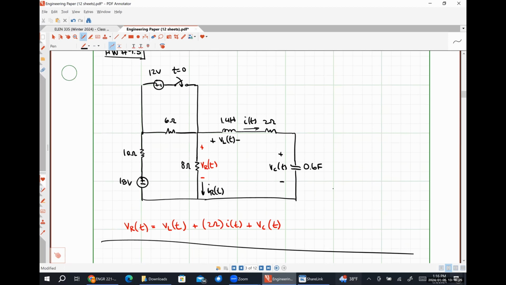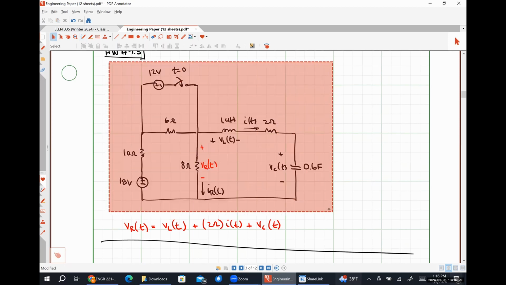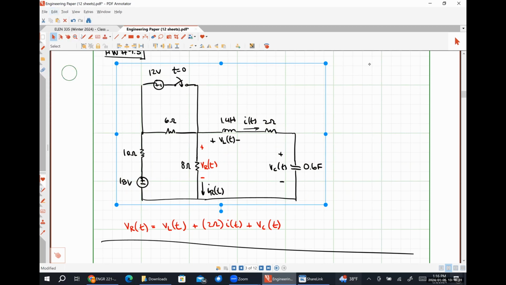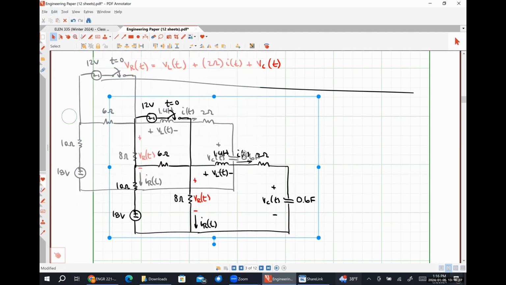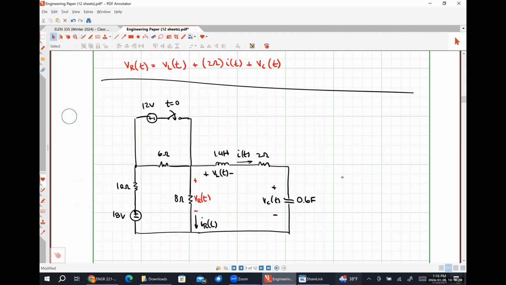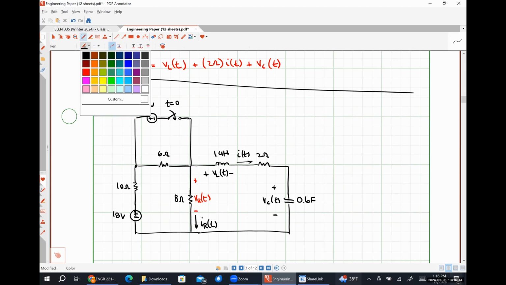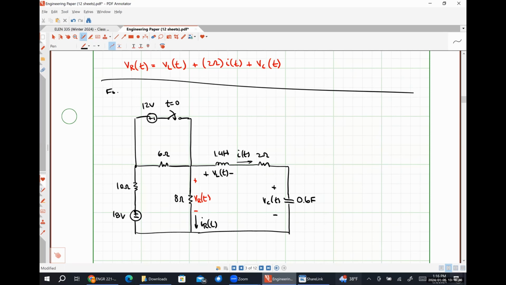I want to be lazy, so I'm just going to copy this circuit diagram. All right, so for t less than 0 minus, let me write that down so I remember what I'm doing. Our switch is open, so I'm just going to replace my switch with an open circuit.